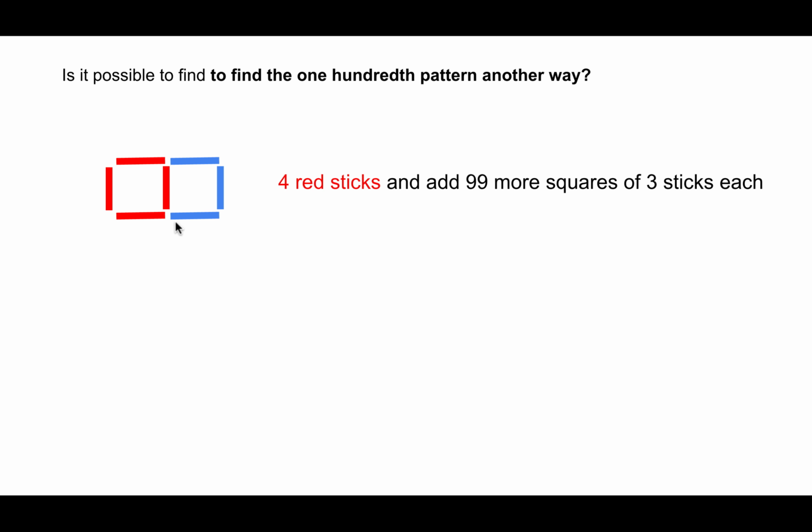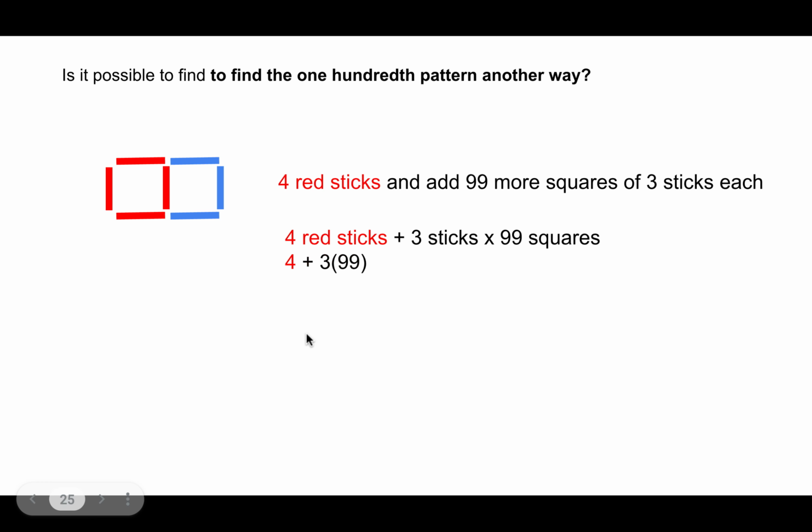So instead of multiplying it by 100, I need to multiply it by 99 because I already have a square here. So I have my 4 red sticks plus 3 sticks, but now again multiplied by 99 since that first 4 red sticks makes my square. So the product of 3 and 99 is 297, and the sum of 4 and 297 is 301. So this way works as well.